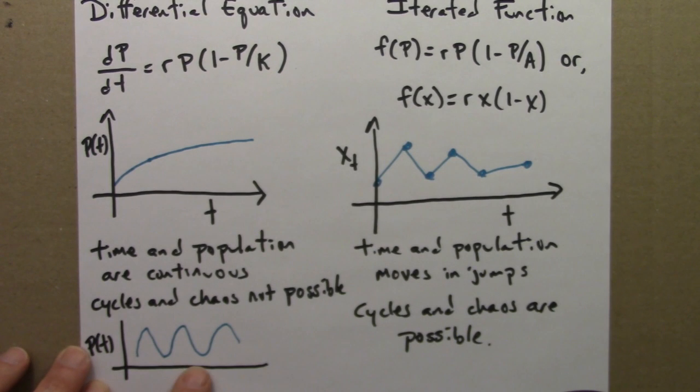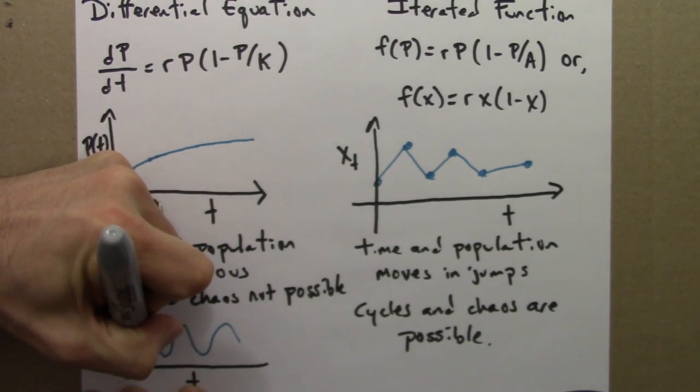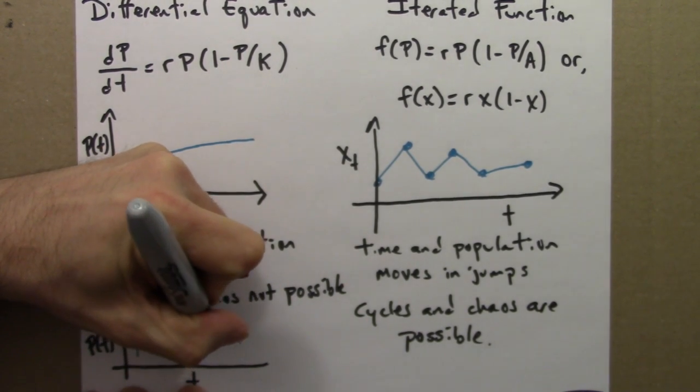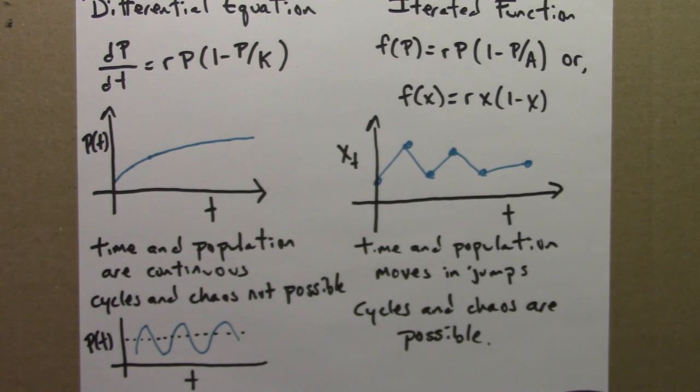So let's think about this blue curve that oscillates up and down. I'm going to draw, arbitrarily, a dashed line through here. Here I have a particular p-value, at this dashed line. The population is increasing, so the derivative is positive for this p-value.